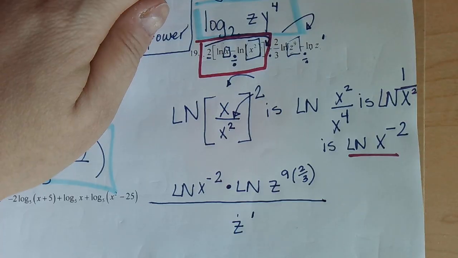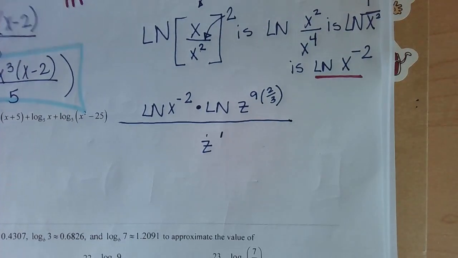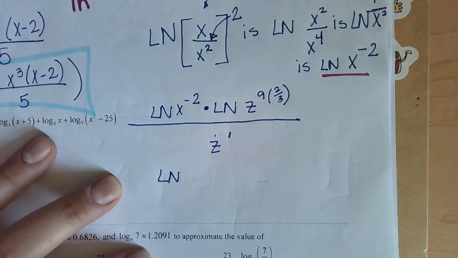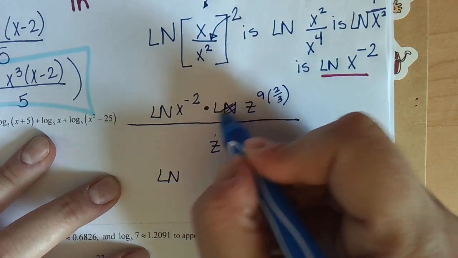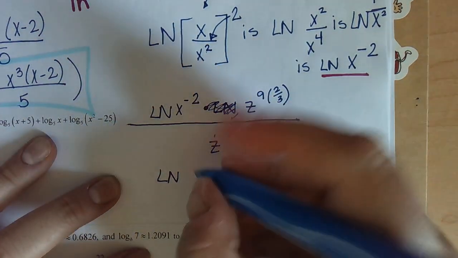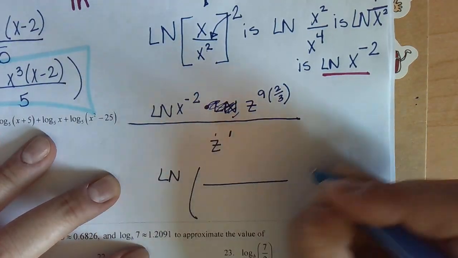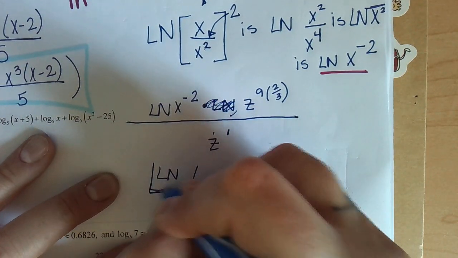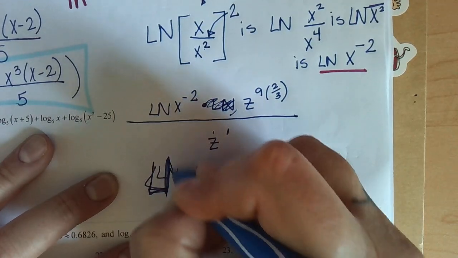This looks horrible. Let me rewrite it. Okay, so this should have been ln, and I'm only supposed to have a single log, so I should not have written this one. Moron. Okay, me, not you. So I have a single log, ln, you see it.